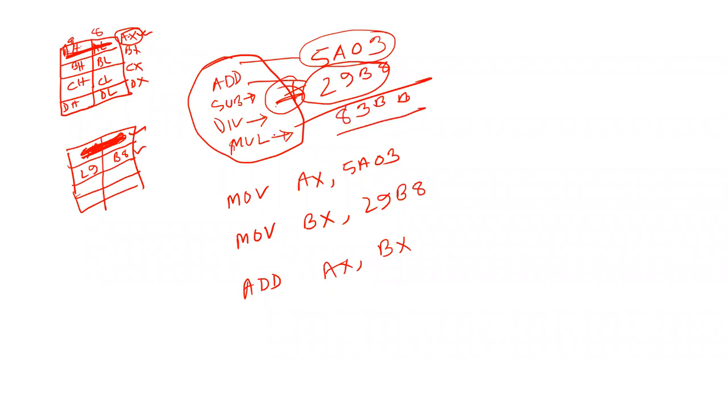So this is your result. So now your final result is 8, 3, B. This result is transferred to this position. Okay, all are clear? Yes, sir. This is the hexadecimal addition.